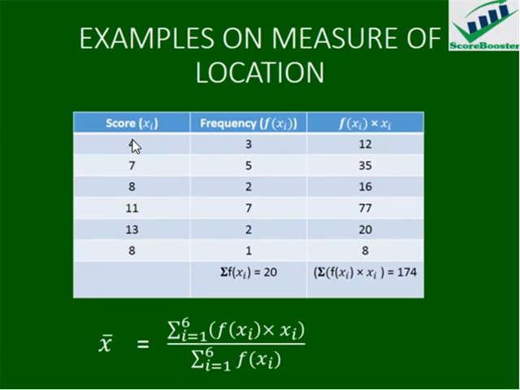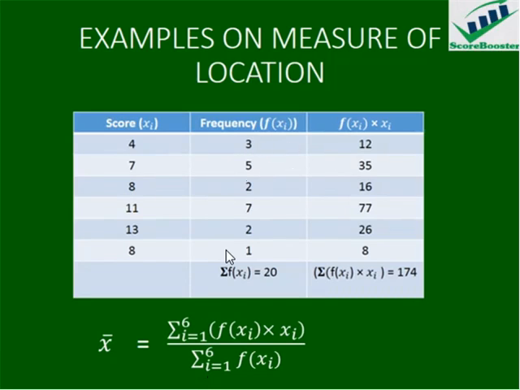It's like adding 4 three times: 4 plus 4 is 8, 8 plus 4 is 12, which is the same as multiplying 4 by its frequency, also 12. 7 occurs 5 times. 7 multiplied by 5 gives 35. 8 occurs twice. 8 multiplied by 2 is 16. 11 occurs 7 times, which is 11 multiplied by 7, 77. 13 multiplied by 2 gives 26. 8 multiplied by 1 gives 8.